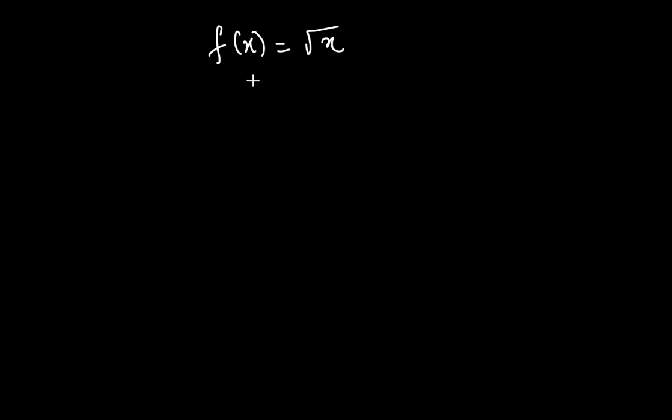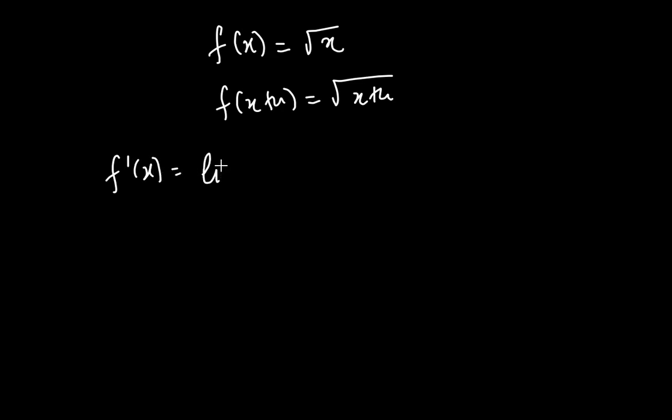Well, for this one, you just have to do a similar thing. Okay, so you have to find your f of x plus h, which would be the square root of x plus h, right? Then after you have this, you can then say, all right, the derivative of f would be equal to the limit of f of x plus h minus f of x, and then we divide by h as h approaches 0.